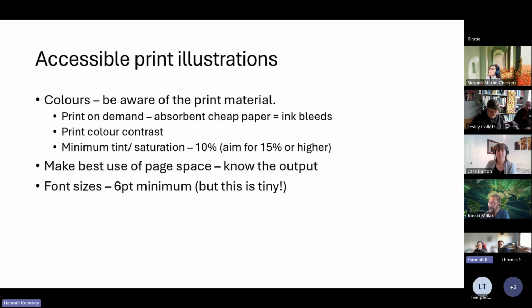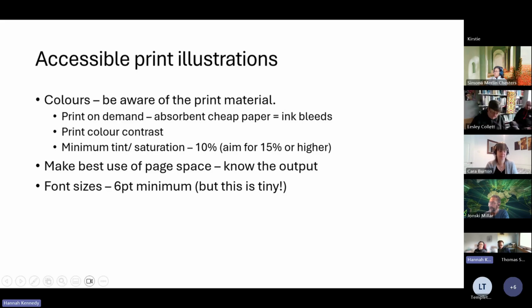So not using dark inks on dark backgrounds, for example, or light inks on light backgrounds. In the resources page, I've got a really useful tool where you can input your color values and it will tell you if there's adequate contrast for print or digital. So I will share that with you in a bit.